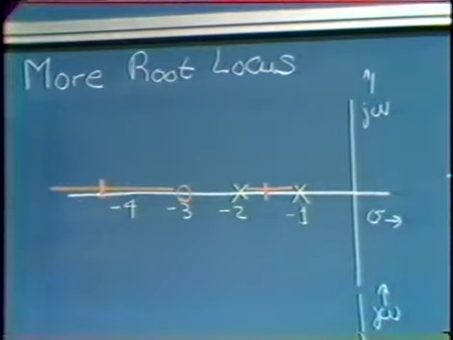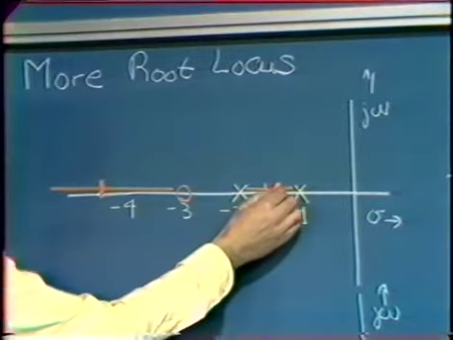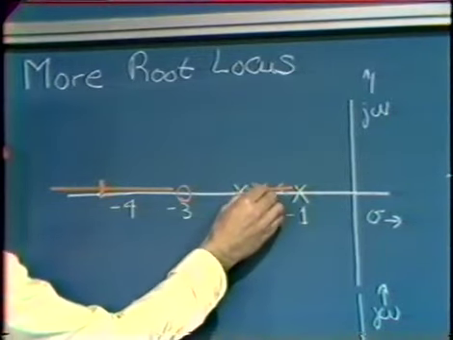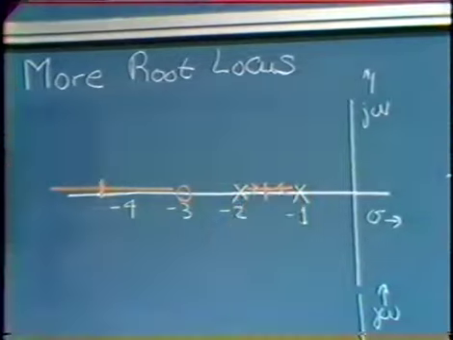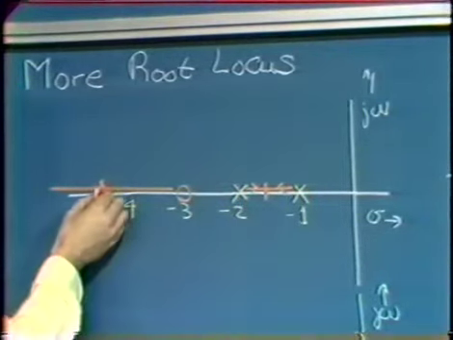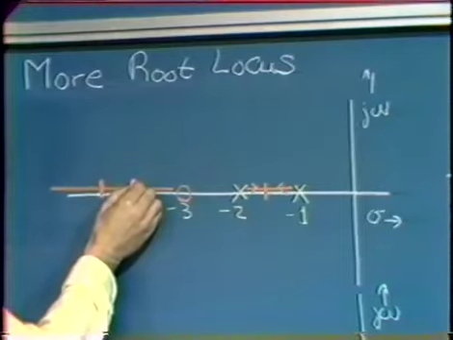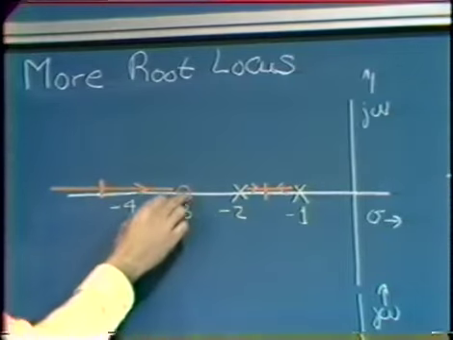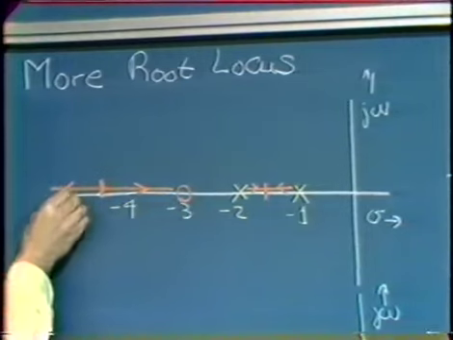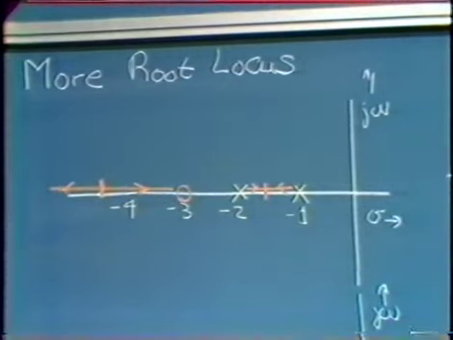And again, if we think a little bit about how the branches can possibly get from this location, they start here, go in the indicated direction for increasing A0, F0, and eventually one branch will be heading toward this zero, another branch heading toward the zero at minus infinity.